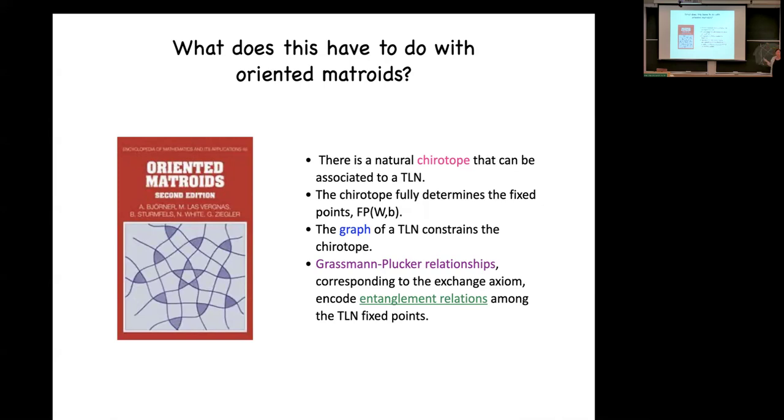Each one you can orient. So you put a plus side and a minus side. And then the chambers of the arrangement can be labeled with these sign vectors. So for instance, this chamber is on the plus side of hyperplane 1, the plus side of hyperplane 2, the plus side of hyperplane 3, and the minus side of hyperplane 4. So you can label all the chambers this way, and then you get a bag of sign vectors.